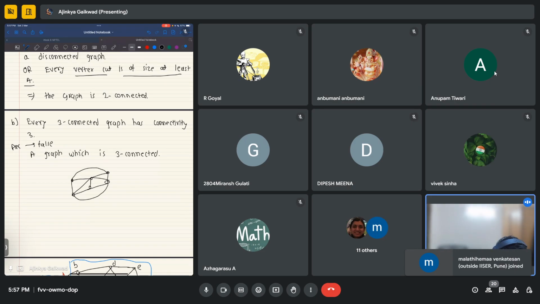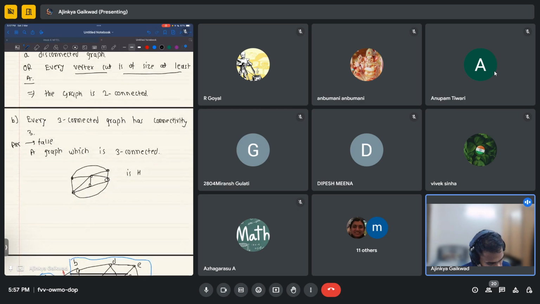Let's see if this is a counter example. If you remove any two vertices, will this graph remain connected? Is this a three connected graph? Here is the question: is this a three connected graph? Okay, let me remove these.